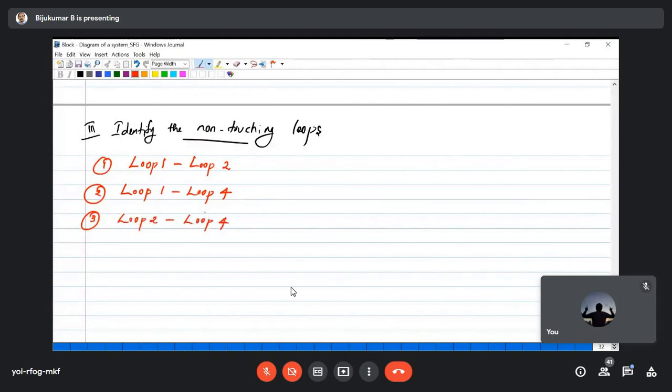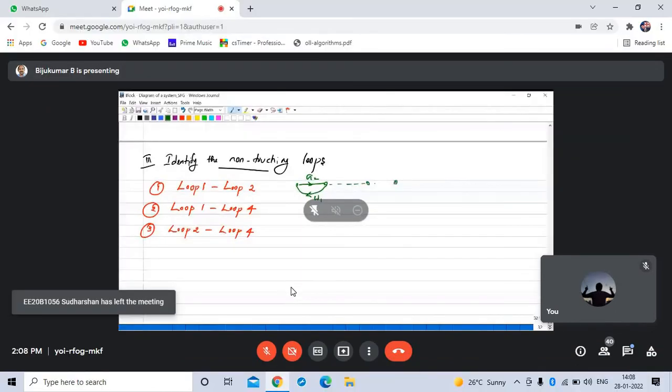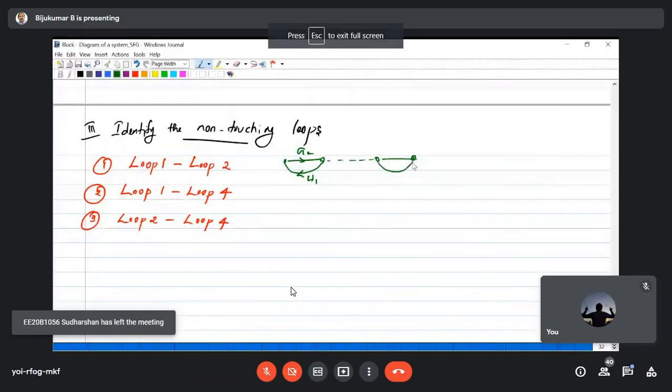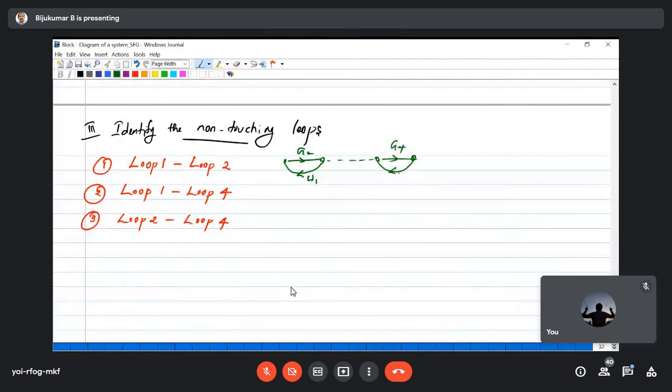Let me complete the signal flow graph. For the first one, it looks like this: this is G2 H1 and loop 2 is G4 H2. So these are non-touching.